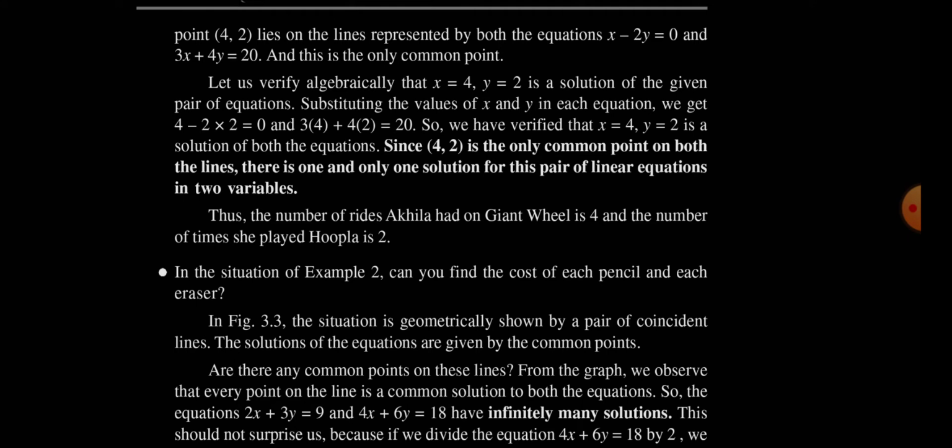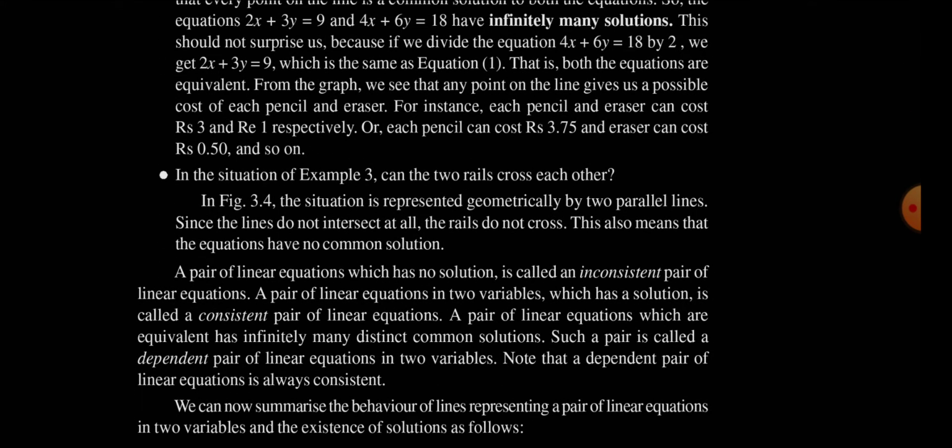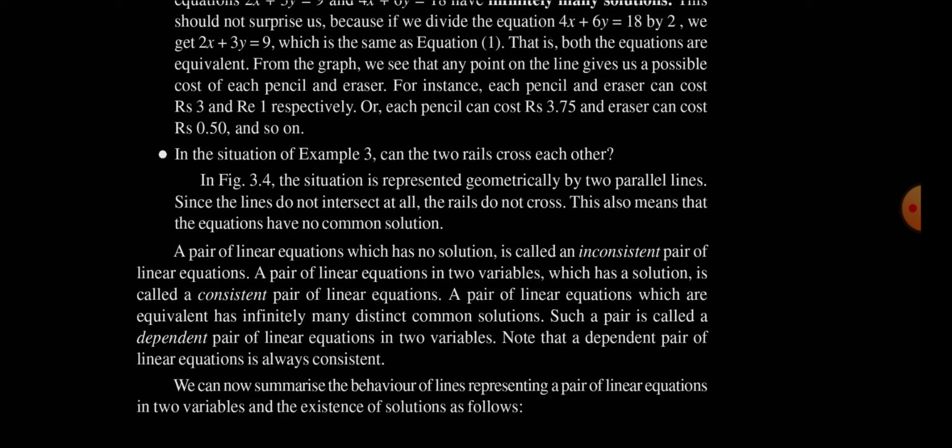From the graph, we observe that every point on the lines is a common solution to both the equations. So the equations 2x plus 3y is equal to 9 and 4x plus 6y is equal to 18 have infinitely many solutions. This should not surprise us, because if we divide the equation 4x plus 6y is equal to 18 by 2, we get 2x plus 3y is equal to 9, which is the same as equation first. Both the equations are equivalent.